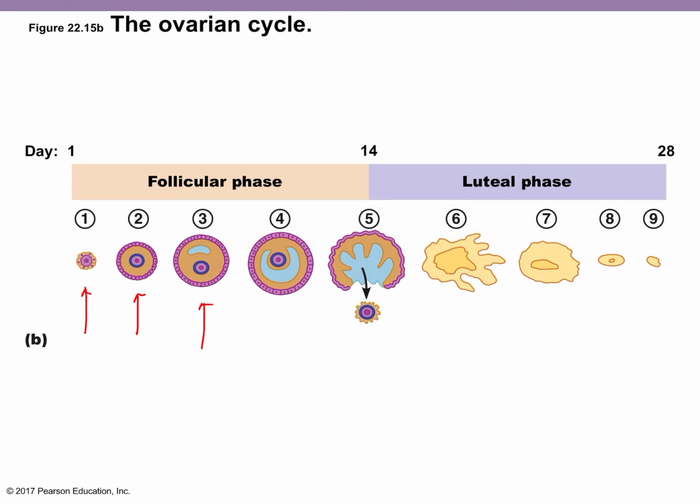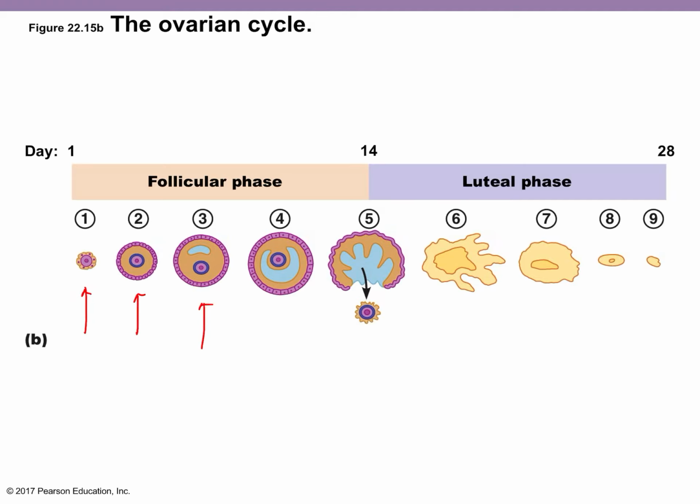They're going to secrete testosterone. The testosterone is going to diffuse into the granulosa cells, where it is converted to estrogen. So the granulosa cells secrete estrogen, but it's the thecal cells that respond to the luteinizing hormone. The thecal cells are going to produce androgen, and then the androgen gets converted to estrogen in the granulosa cells.